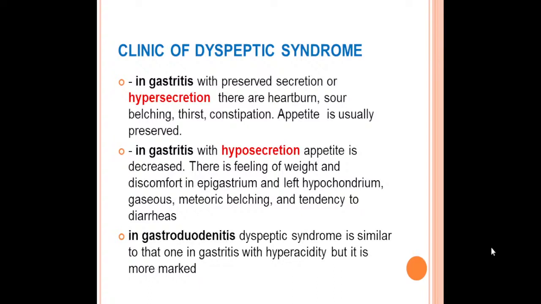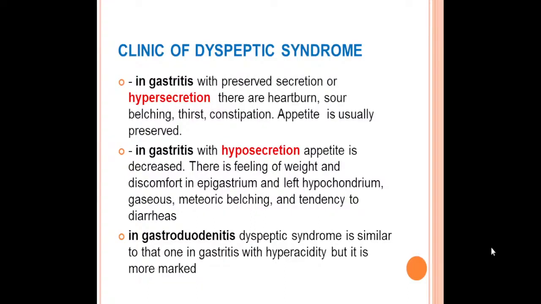Dyspeptic syndrome. In gastritis with preserved secretion or hypersecretion, there is heartburn. Heartburn is one of the same symptoms as in gastroesophageal reflux disease. Also belching, thirst, and constipation, and appetite is usually preserved.